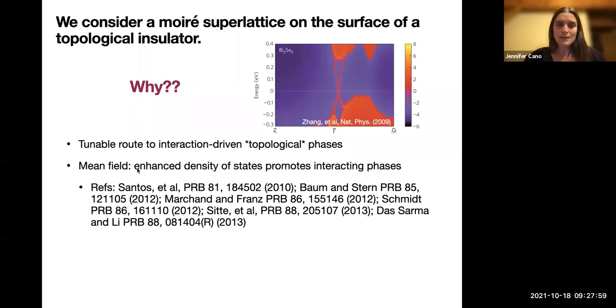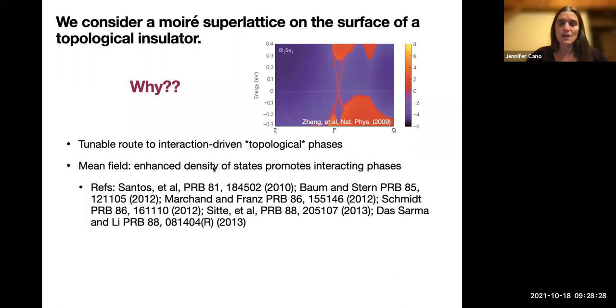Well, at the very least, from a mean field perspective, early on in the field of topological insulators, people asked this question, what about an interacting instability to superconductivity or magnetism on the surface of a TI? And those results using mean field theory showed that if the velocity of the Dirac cone is smaller, which means that the density of states is larger, then you're more likely to realize an interacting phase.